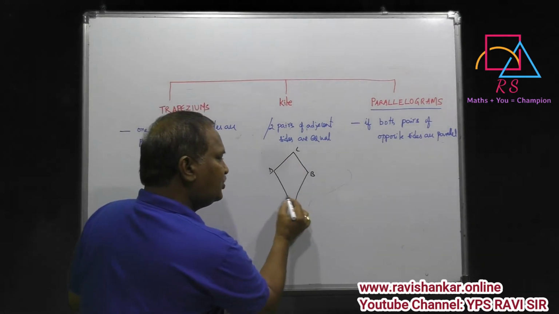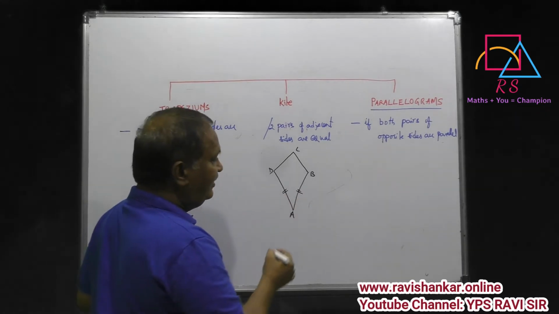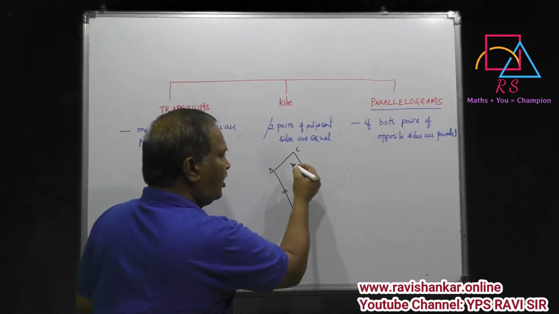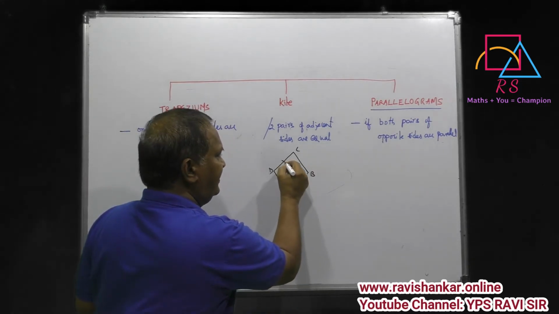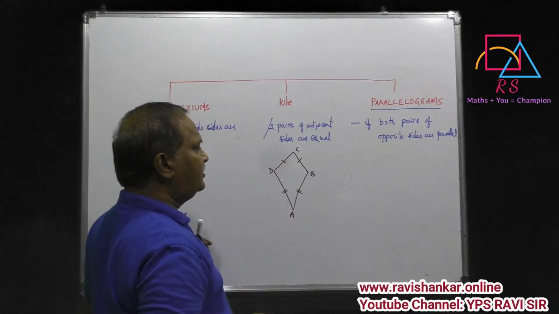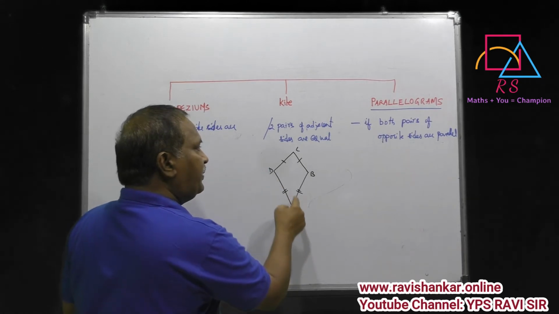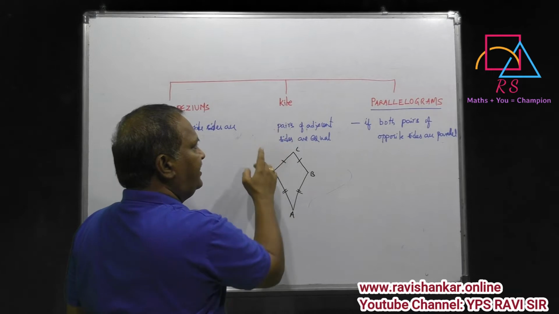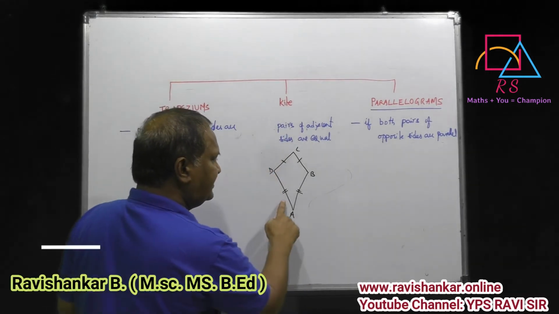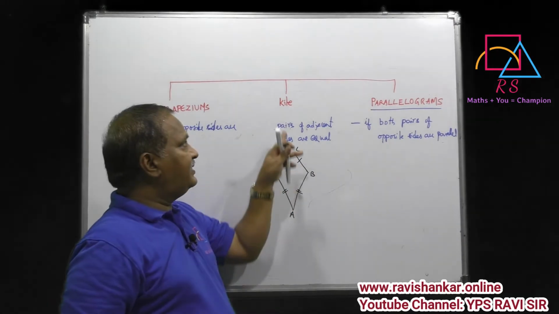In this, these two adjacent sides are equal. And the opposite pair of adjacent sides, these two, are also equal. So if opposite pairs of adjacent sides are equal, we call this quadrilateral a kite.